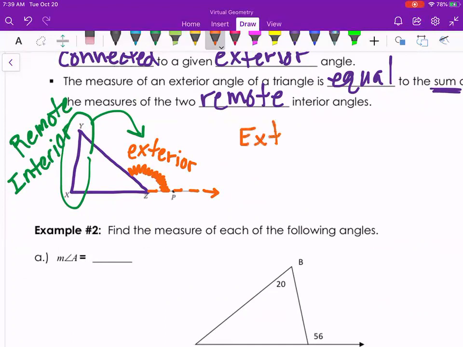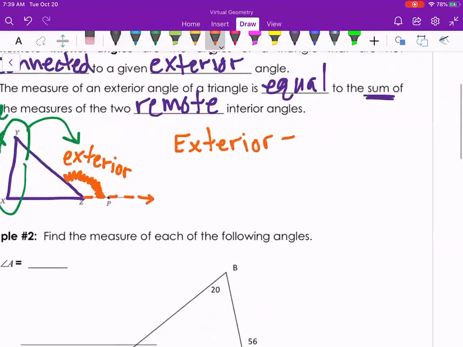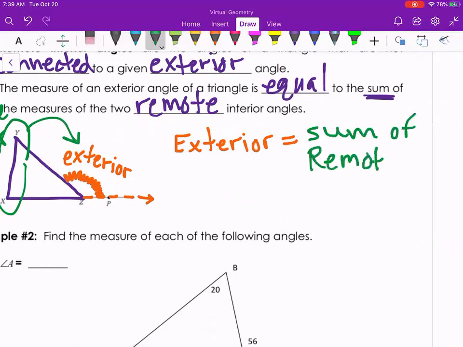So again, the exterior is equal to the sum of the remote interiors. So let's see how that works when we are dealing with some numbers.